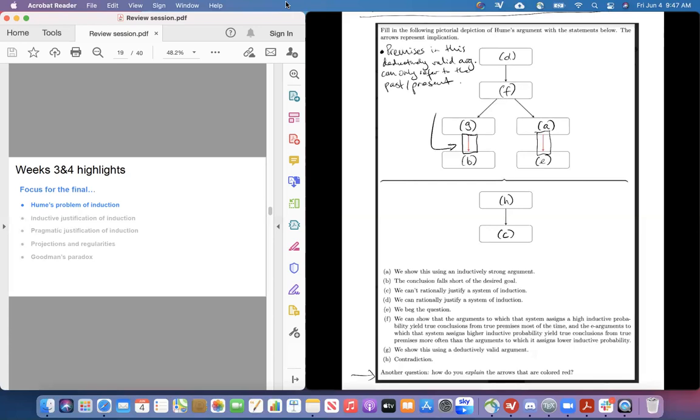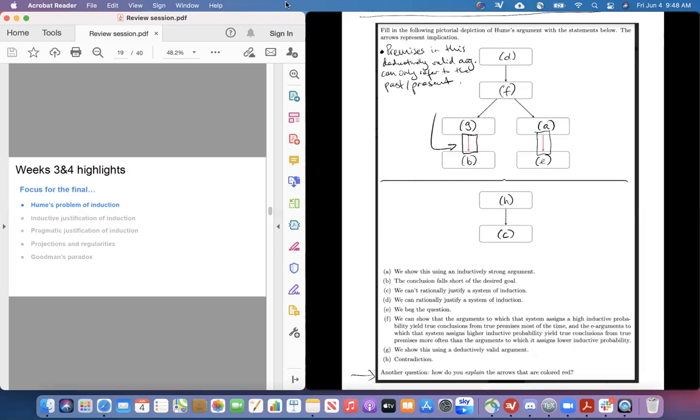Because that deductively valid argument would take the form of something like all these arguments I've used in the past, where scientific inductive logic has assigned a high inductive probability to, all the ones we've used in the past have given us true conclusions from true premises most of the time. That's how this argument would have to start. So the premises can only refer to the past and the present.